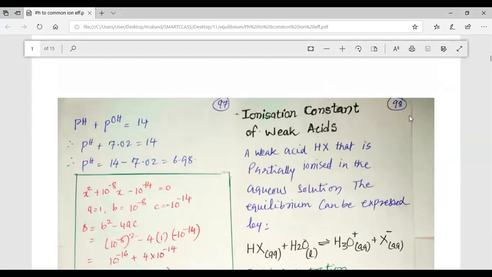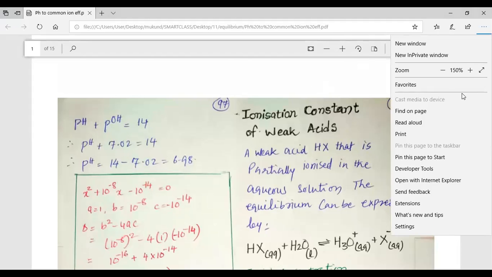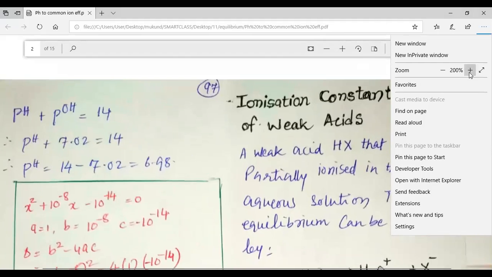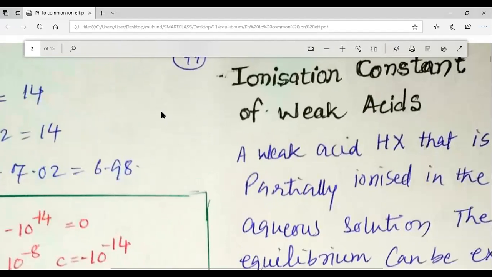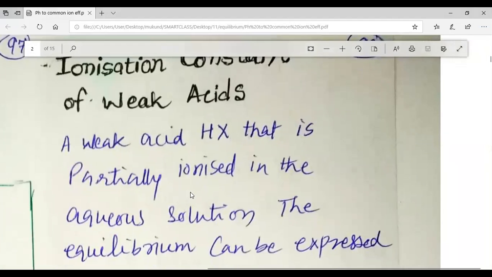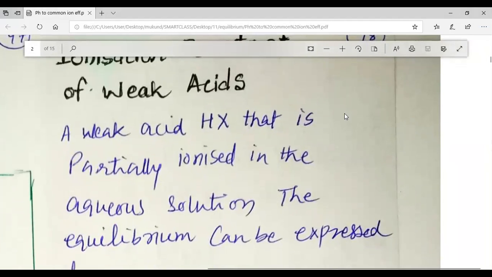Yes, let's start. Let us study about the ionization constant first.